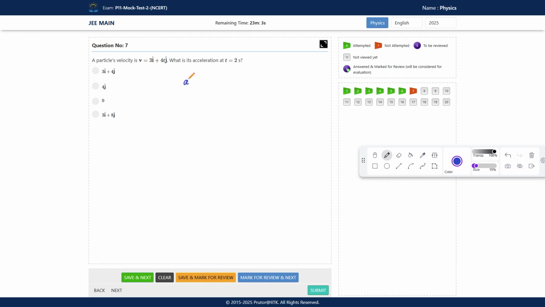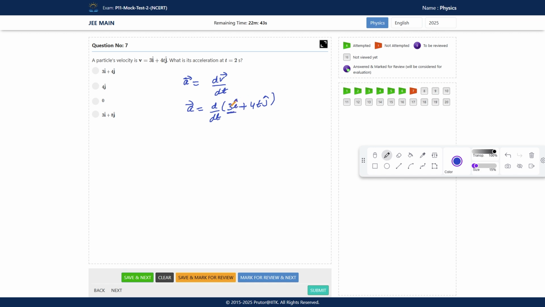So a is equal to dv upon dt. We know v is 3 i cap plus 4t j cap. So just substitute here, you will get dv upon dt. So it will be the derivative of 3 i cap plus 4t j cap.